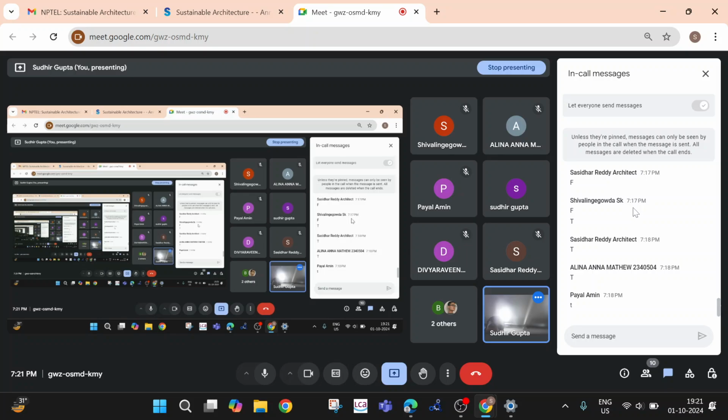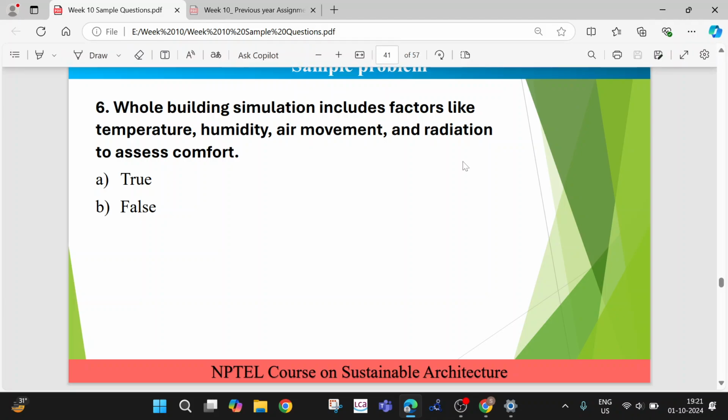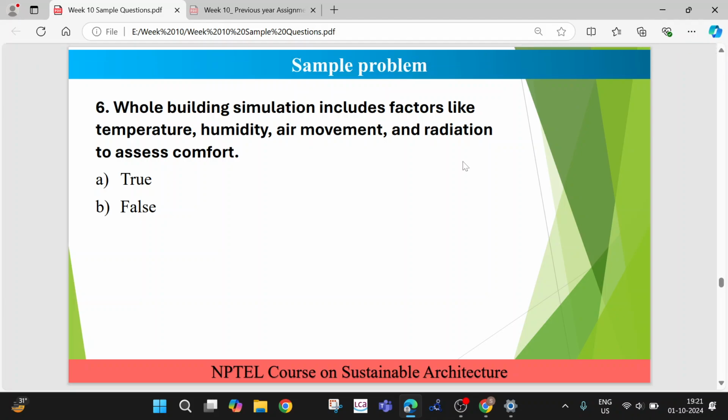Yeah, true. All these factors are considered because when we are doing the whole building simulation, we want to keep the occupants comfortable. Occupants' comfort is not only dependent upon the temperature or humidity; it is dependent upon various factors. Some of them are mentioned: temperature, humidity, air movement, and radiation. All need to be considered. Well, fine. So can we move to the next question then?